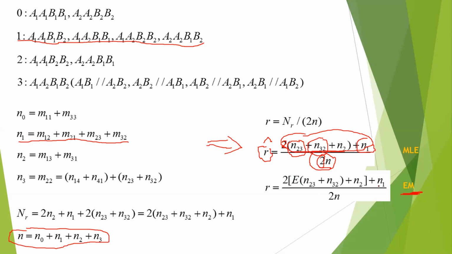In the EM algorithm, instead of using the realized numbers, we use an expectation step to replace these 2 numbers. Then we can construct an iterative algorithm to help us get the best solution. Any questions? Okay, very good.